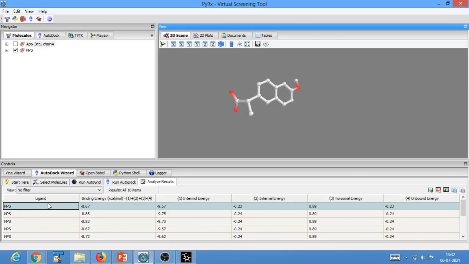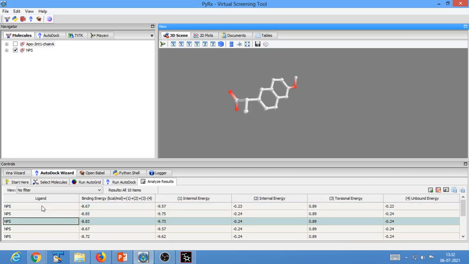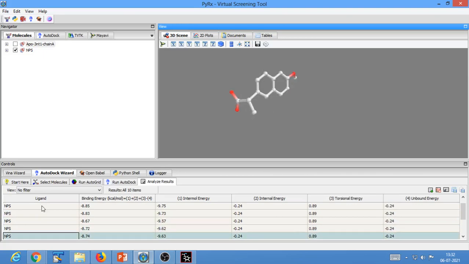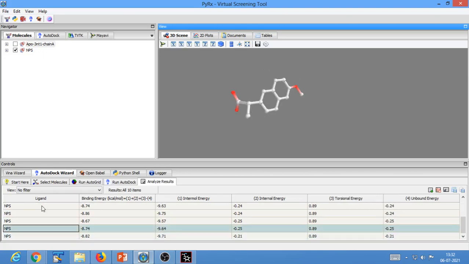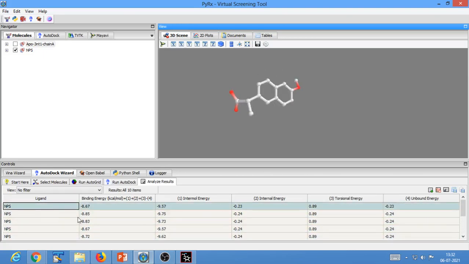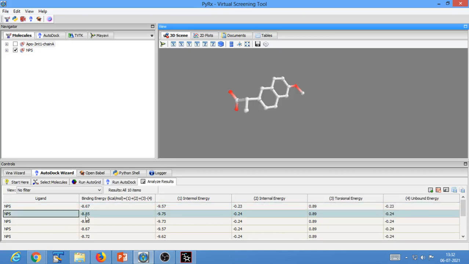This is the first pose, second pose, third pose, fifth pose, sixth pose, seventh pose, eighth pose, ninth pose, and 10th pose. Every pose is associated with a certain binding free energy. This pose has a binding free energy of minus 8.67. The next pose has a binding free energy of minus 8.85.